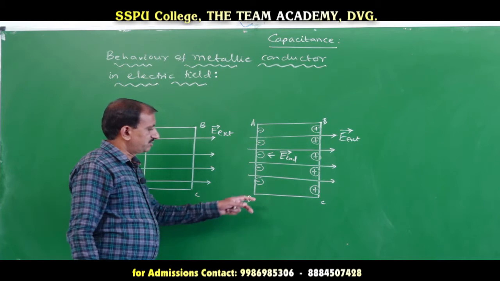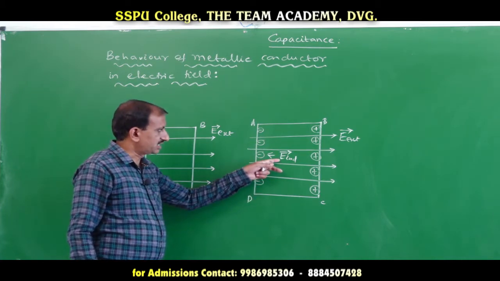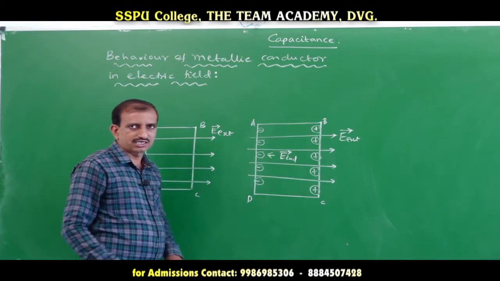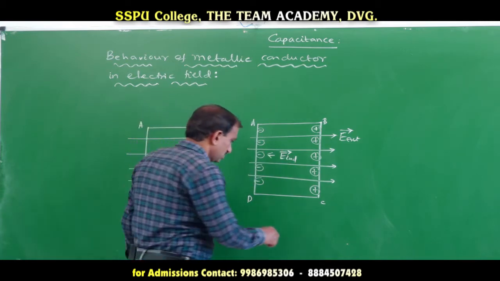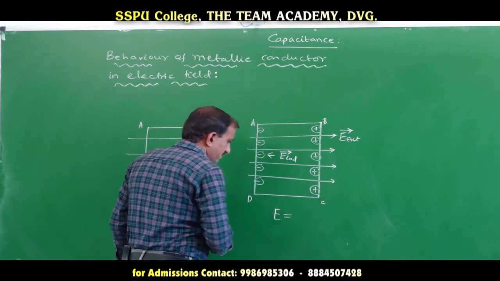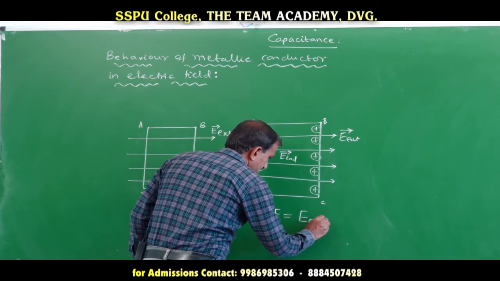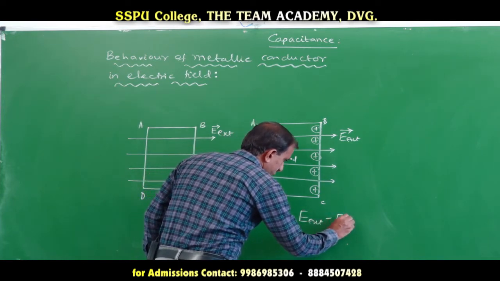The flow of charges continues till the induced electric field is equal to the external electric field. So the net electric field inside the metallic conductor is E external minus E induced.